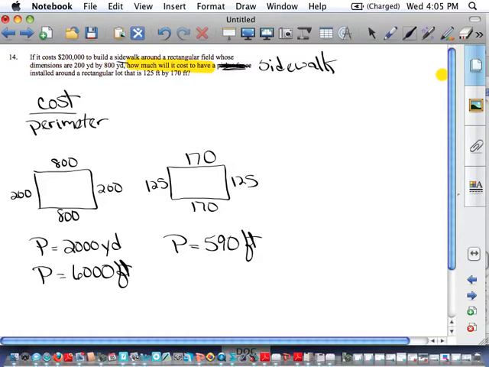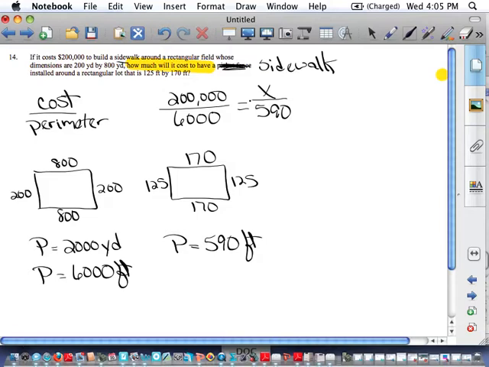So I have the cost of $200,000 over 6,000 feet is equal to the cost X of the sidewalk that surrounds the smaller rectangle, which is 590 feet.